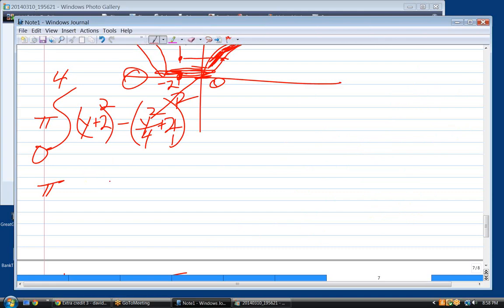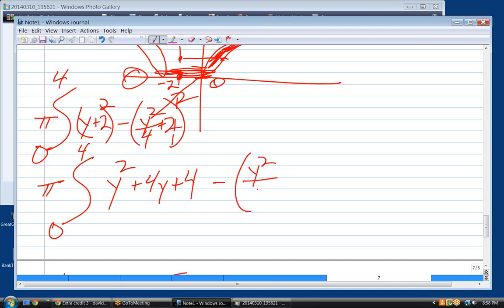So we've got the integral from 0 to 4 of y squared plus 4y plus 4 minus, now let's square this thing.